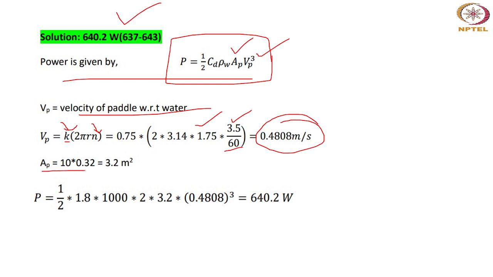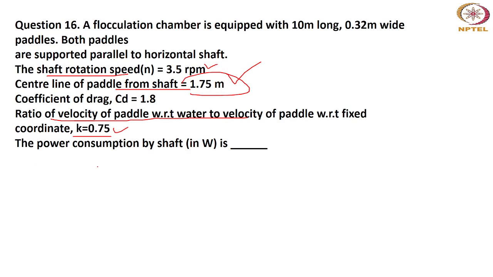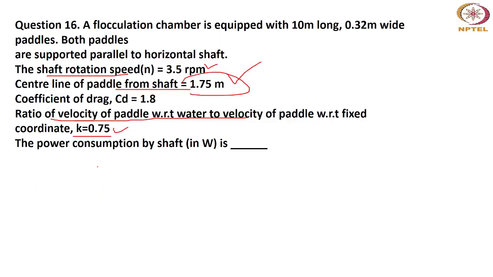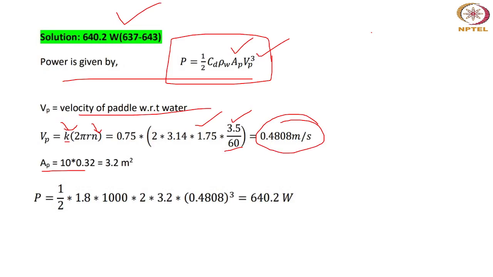So area, you can calculate the area of the paddles. It was 10-meter long and 0.32-meter wide paddles. So 10 into 0.32, length times width, gives 3.2 meter square area.